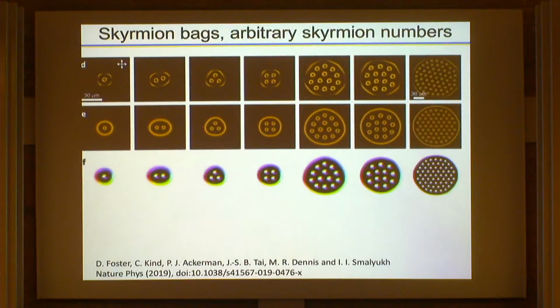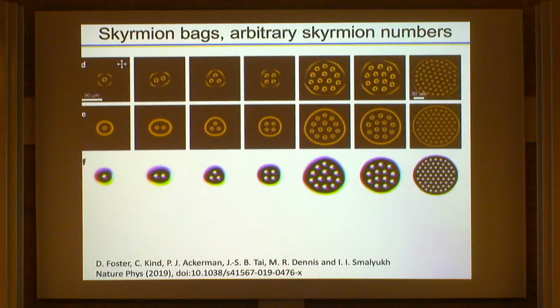So recently, in collaboration with the research group of Mark Dennis at the University of Birmingham, which is the site where Skyrme was proposing the original Skyrme solitons, we came up with the concept of Skyrmion bags, where essentially what you do is you take a Skyrmion, open it up, and create anti-Skyrmions within it.